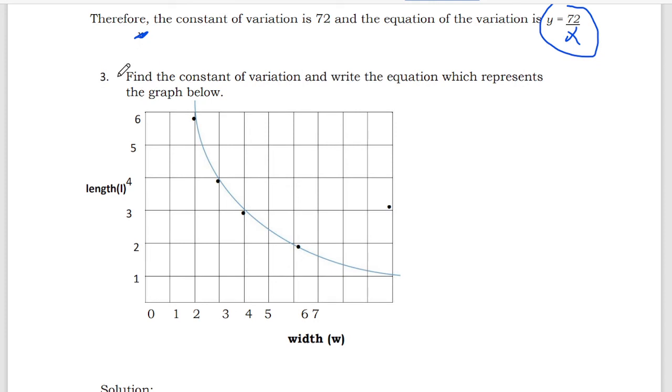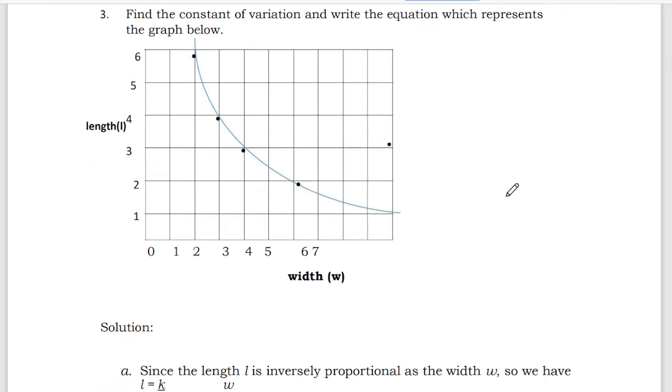Next, number 3, find the constant of variation and write the equation which represents the graph below. This is the graph. This is the width, represented by w, and this is the length, represented by L. So if the width is 2, your length is almost 6, like 5.75.